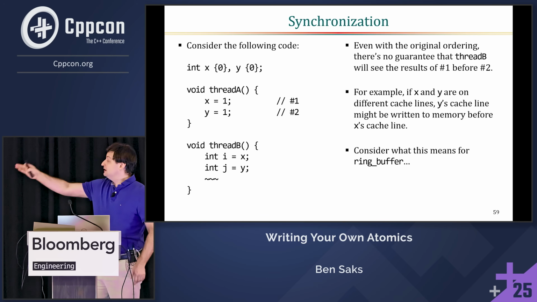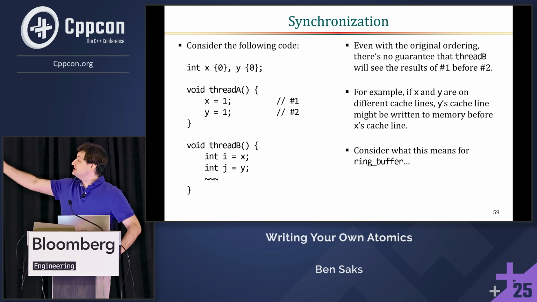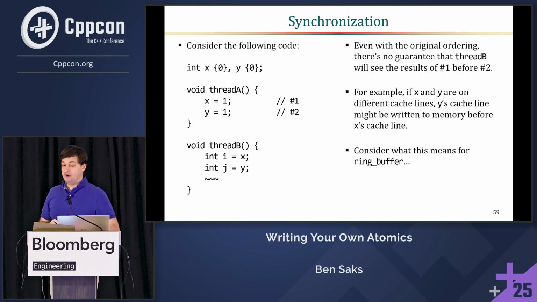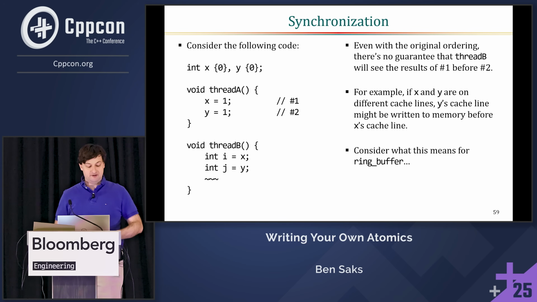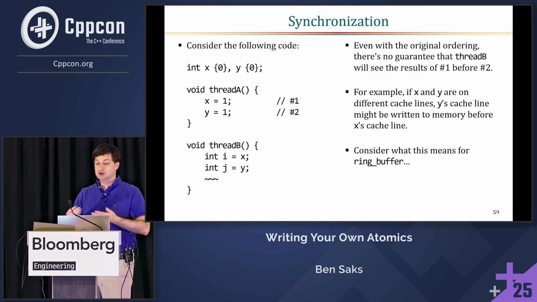But even if the compiler doesn't reorder things, just because X is written first on thread A, that doesn't mean that that's what thread B actually sees. Because it might be the case that X and Y are, for example, located on different cache lines.